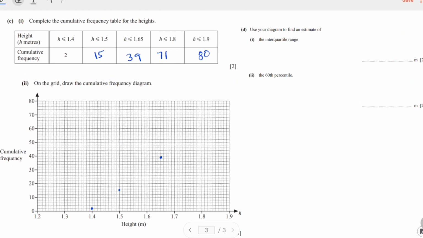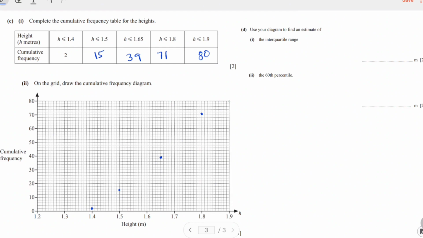At 1.8 it is 71, so this is 1.8. This is 70 and 71.